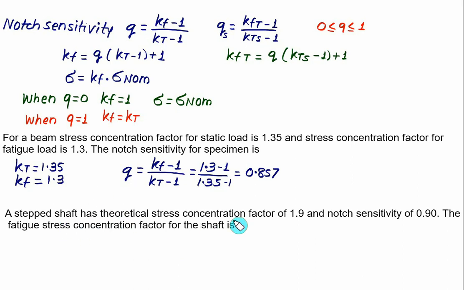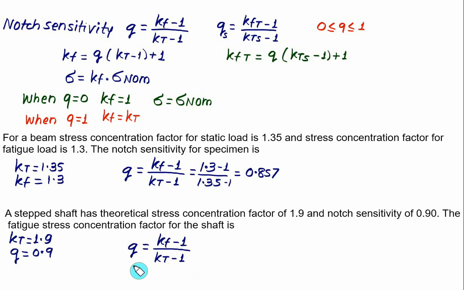A stepped shaft has a theoretical stress concentration factor of 1.9. So the value of Kt is given as 1.9, and the notch sensitivity Q is given as 0.9. The value of Q is always between 0 and 1. The fatigue stress concentration factor of the shaft, that is the value of Kf, we have to calculate.